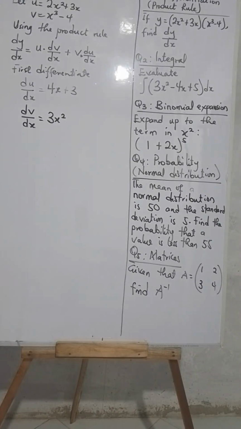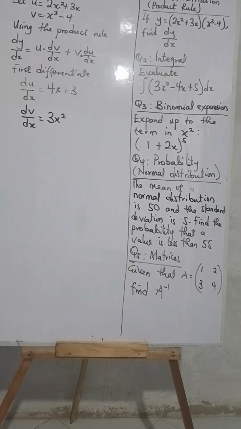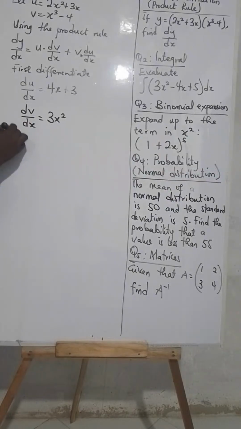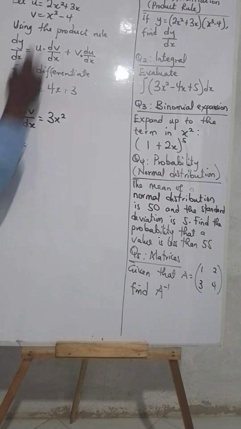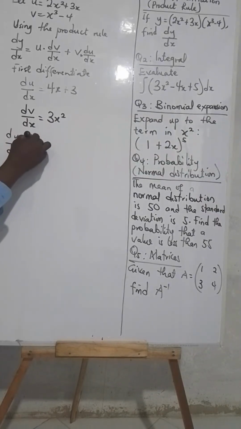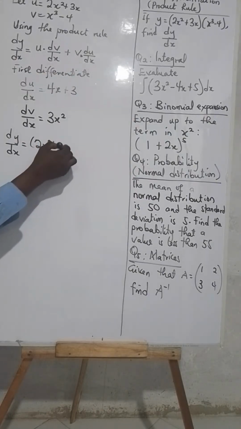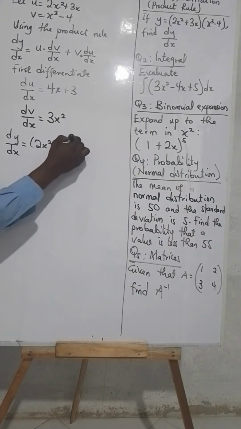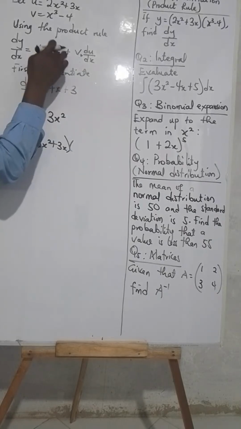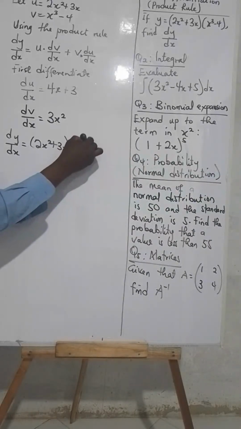So from here, we substitute these two answers into our product rule. So we have dy dx equals u. The u is 2x squared plus 3x, times the dv dx. The dv dx, we are having 3x squared.